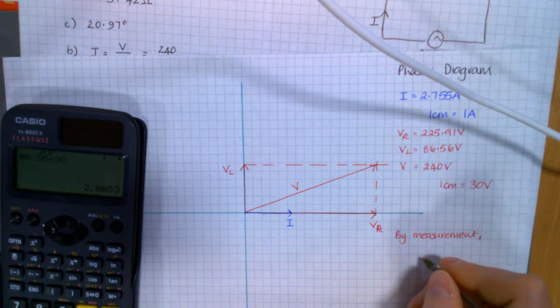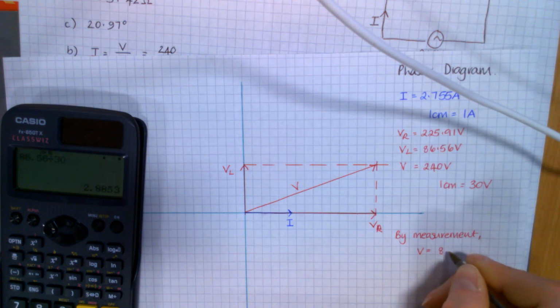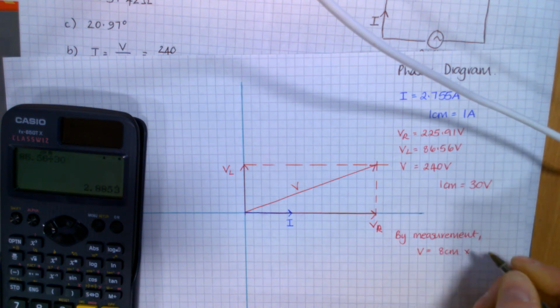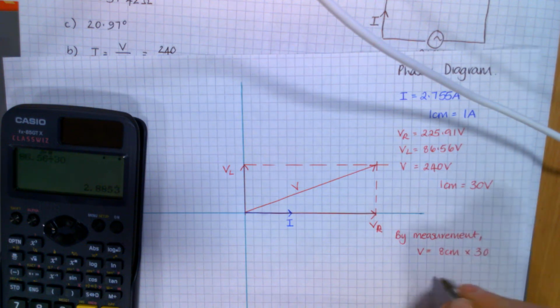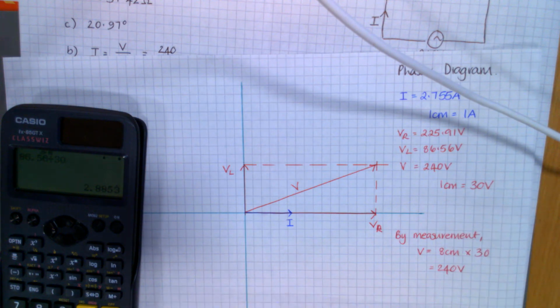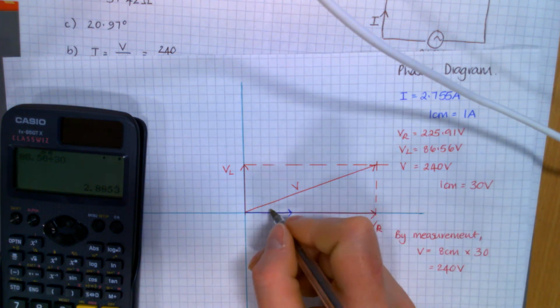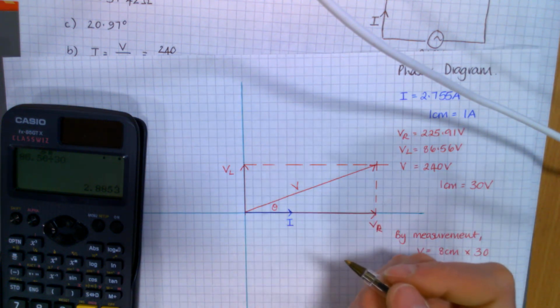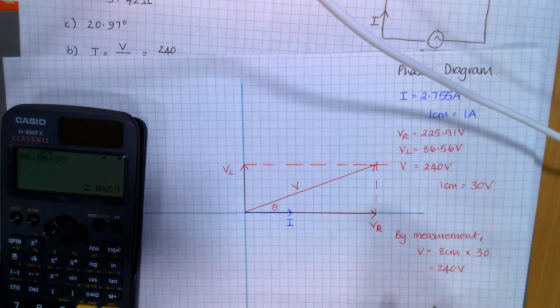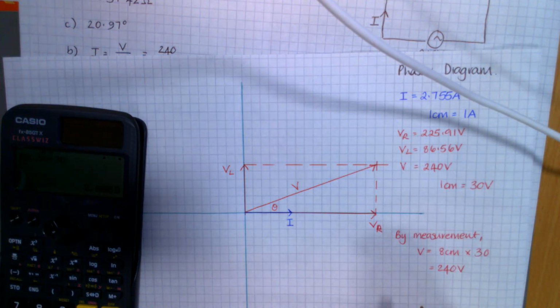So by measurement, my V is 8 centimetres. My scale is each centimetre is 30 volts. 8 times 30 is 240. So that's worked out fine. That's also the circuit phase angle in there. So you could work that out the same as we did the last time, and I think we probably will, just to be sure.